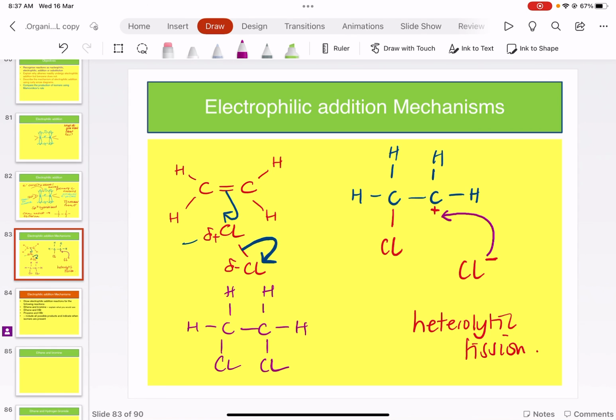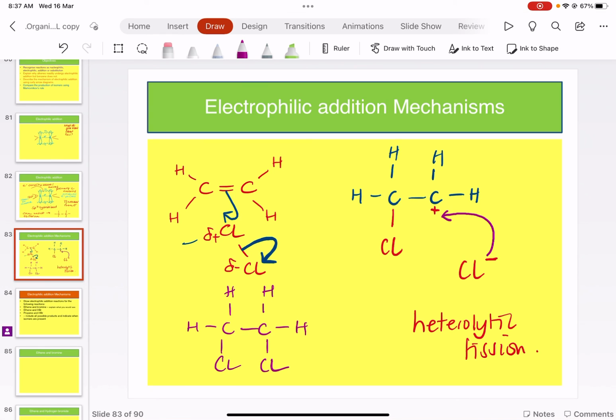Now this mechanism, it goes in two stages. So you've got the first stage where you're breaking open the chlorine and you're attaching one of the chlorines to the initial molecule. And then the second stage is when the other chlorine, what's now chlorine ion, is coming back in and attaching to the carbocation.